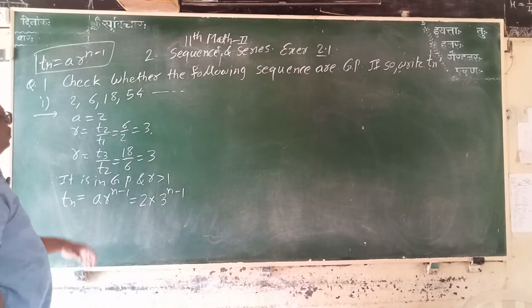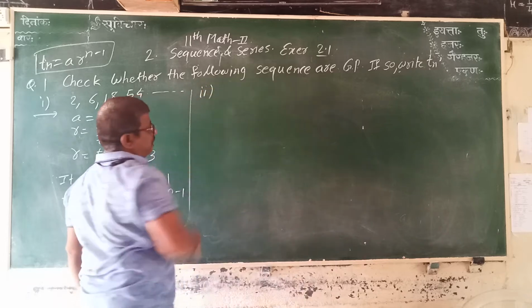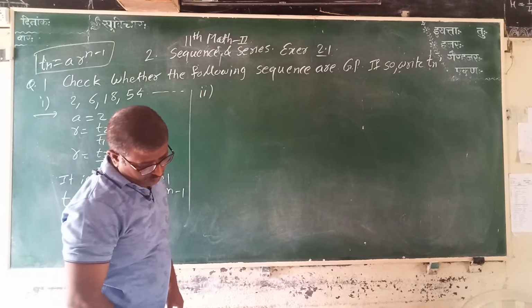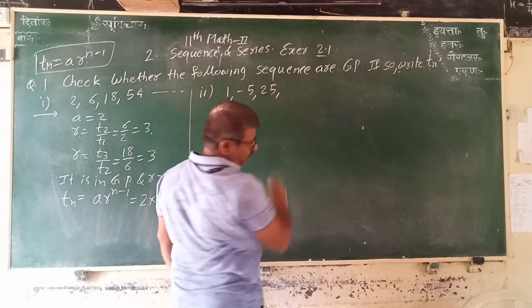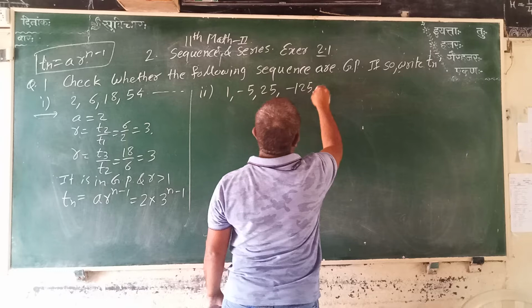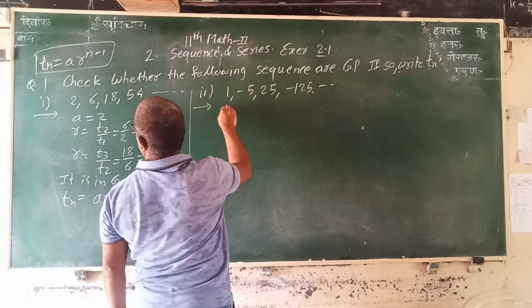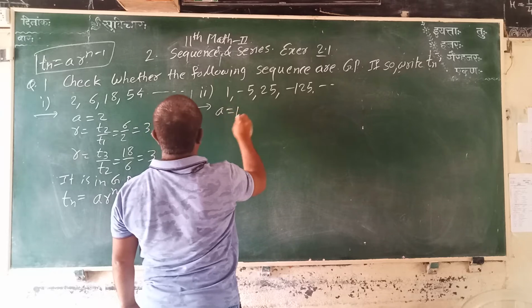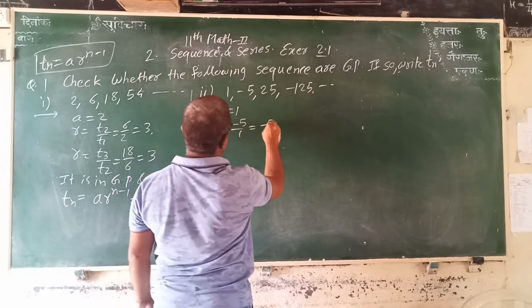This is the Tn. Now we take the next, number 2: 1, minus 5, 25, minus 125, and so on. Here we take a is equal to 1 and r is equal to minus 5 upon 1, that is minus 5.